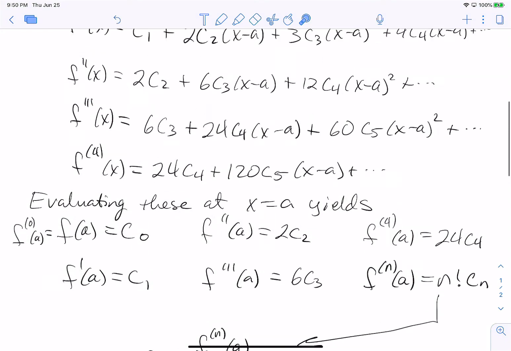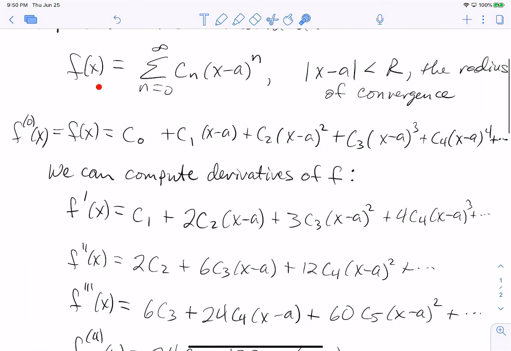And so remember, this started out as f of x equals the sum as n goes from 0 to infinity of C sub n times x minus a to the n.